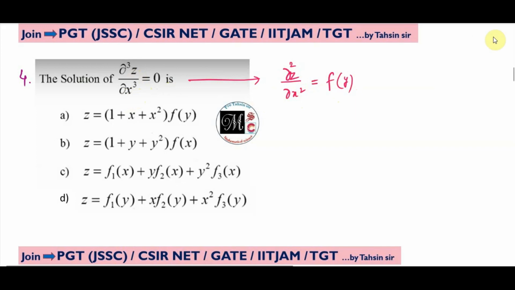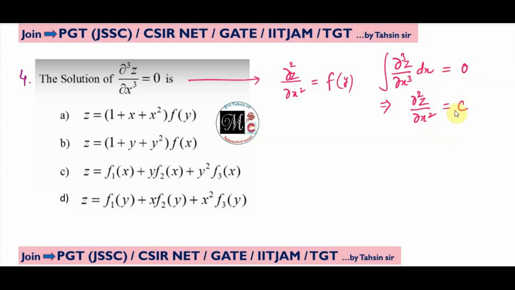If we integrate the third order derivative with respect to x, then we get the second order derivative, equal to a constant.